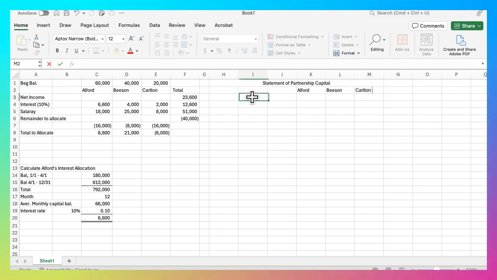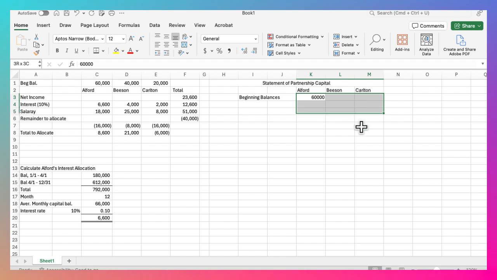Okay. We start off with the beginning balances, which we knew Alfred's was 60,000. Benson's beginning balance was 40,000, and Carlton's beginning balance was 20,000.